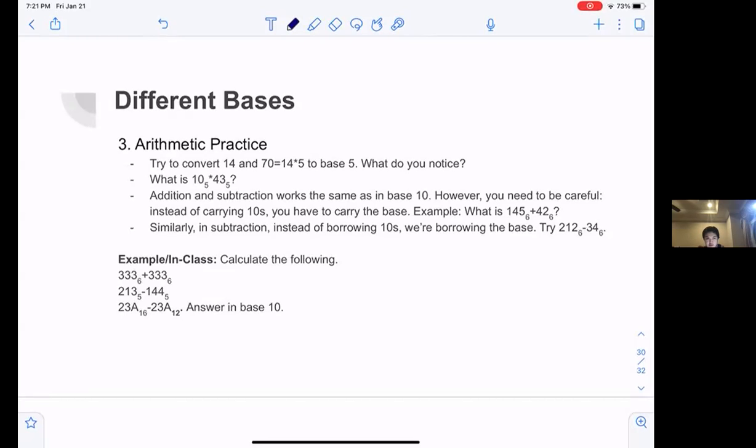I guess I'll just do these in class. So we convert 14 times 5 to base 5, which equals 70. Okay, well, this is easily 10. 14 over 5 is 2, 4, 5.